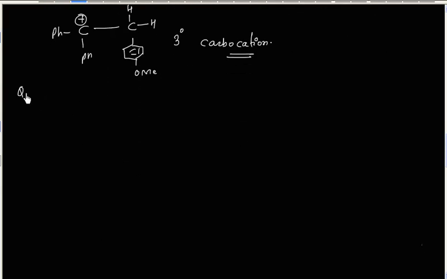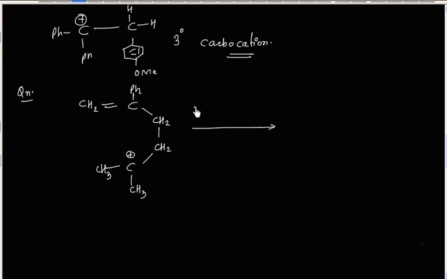Now let us try this problem. So we have CH2 double bond C, Ph, CH2, CH2, and then we have a carbocation.